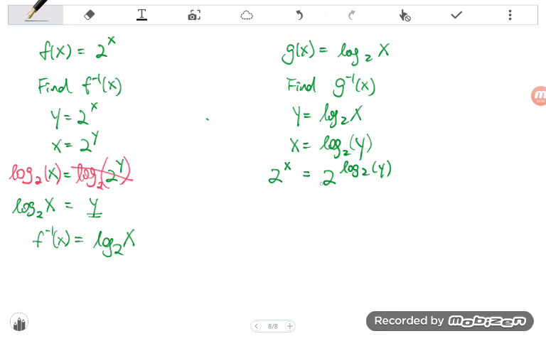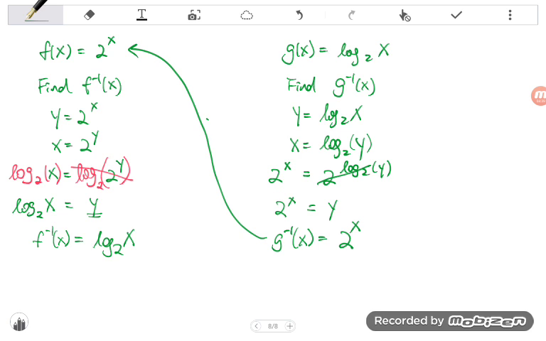The 2 and the log 2 are gonna cancel each other. So on my right hand side, I'm just gonna have y, and on my left hand side, I will have 2 to the power of x. And now I can bring back my inverse of g is equal to 2 to the power of x. And I'm not sure if you guys see this. Isn't that my f of x? Okay, I hope you guys find that somewhat cool, right?